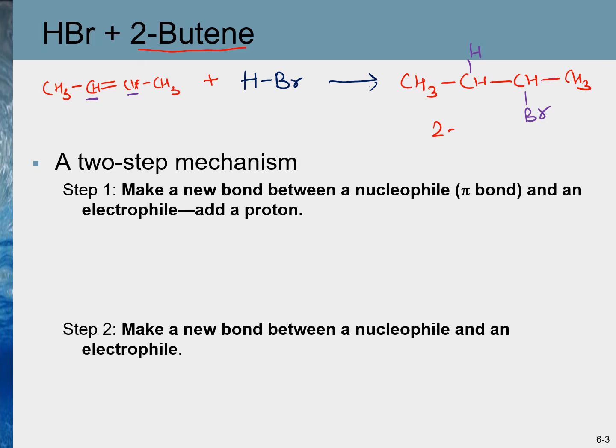So regardless of the region where hydrogen or Br goes, the product will always be the same. It will be 2-bromobutane.